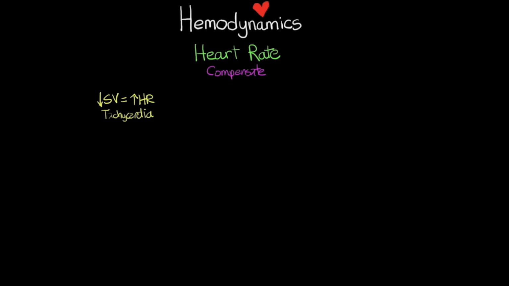So again, that heart rate is trying to speed up in order to give us more beats per minute because our stroke volume is now a smaller volume. Some of the things that are going to contribute to tachycardia are going to be hypovolemia.